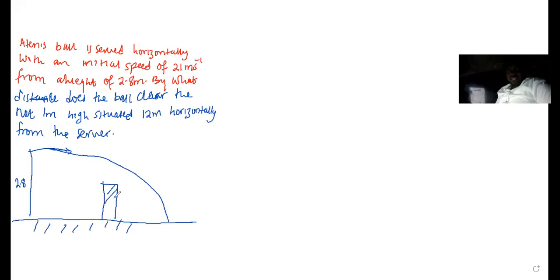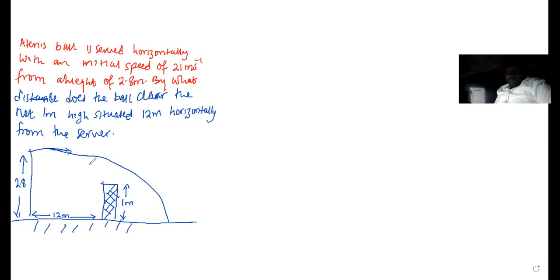This is where the net is. The net is 1 meter high, and it is 12 meters away from the server. So the height where the ball has been served is 2.8.